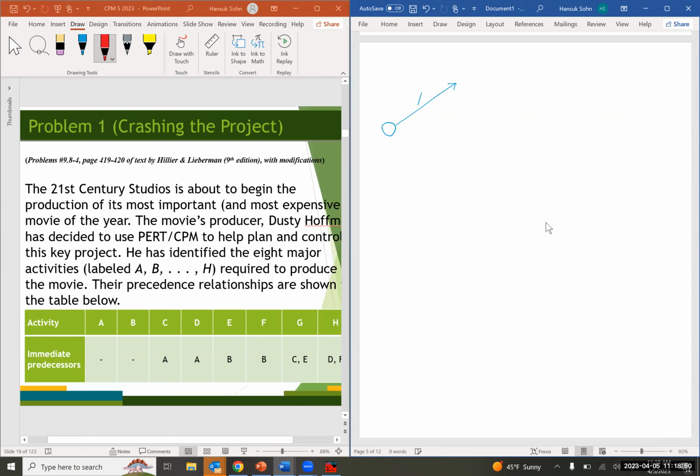So I'm gonna have A, duration 5, and then I'm gonna have B, duration 3, and then C has predecessor, which is A. So I'm going to have C up here. And D has also predecessor A.